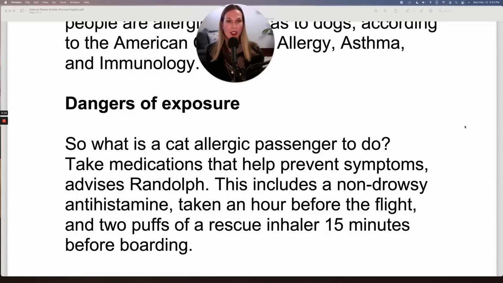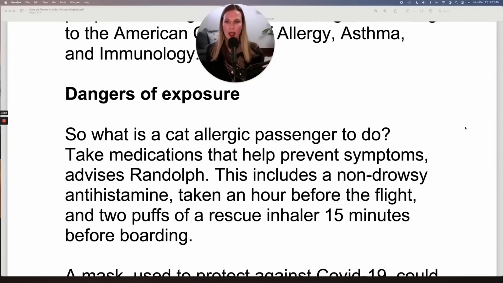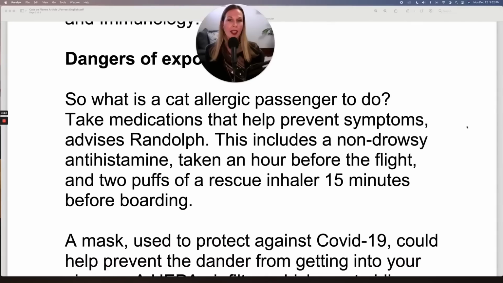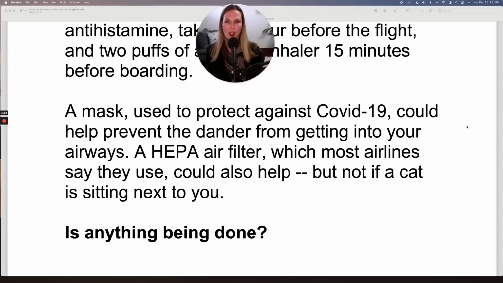Take medications that help prevent symptoms, advises Randolph. This includes a non-drowsy antihistamine taken an hour before the flight and 2 puffs of a rescue inhaler 15 minutes before boarding. A mask used to protect against COVID-19 could help prevent the dander from getting into your airways.